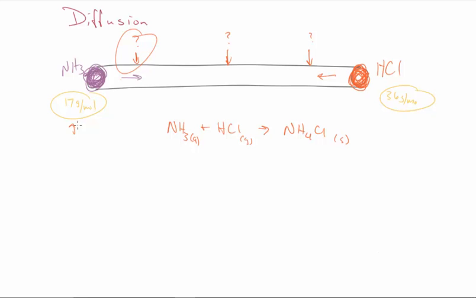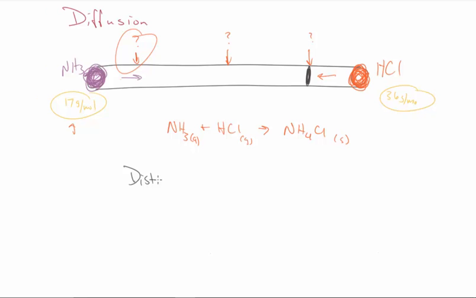So a lighter one should be faster, and if my solid formed over here, then I'd say HCl is moving a lot faster than NH3, and that's not actually the case. And so what we actually see is that solid, and it's really cool. You'll actually see a solid plate just kind of form there where the gases start colliding with each other in that space, right?